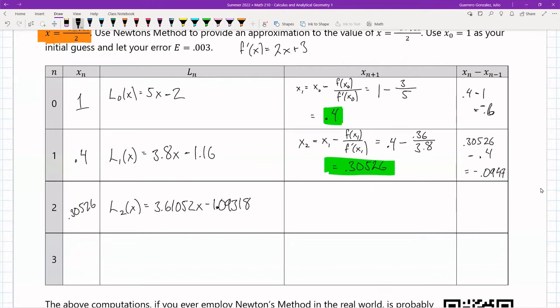So then now we can compute x3, which is going to be x2 minus f of x2 divided by f prime of x2.